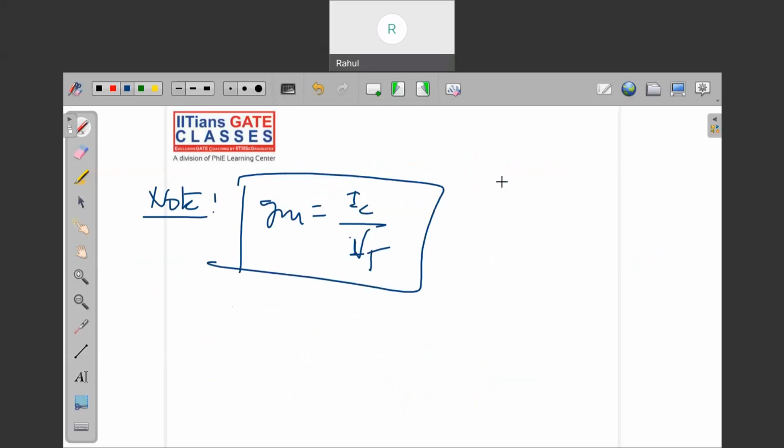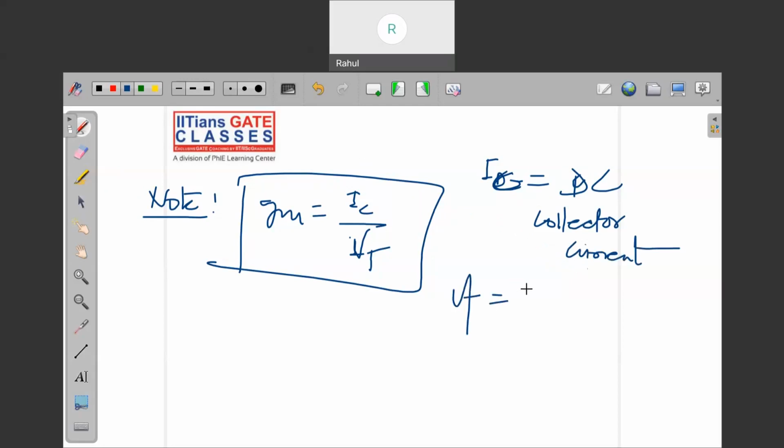IC is the DC collector current, and VT is the thermal voltage.